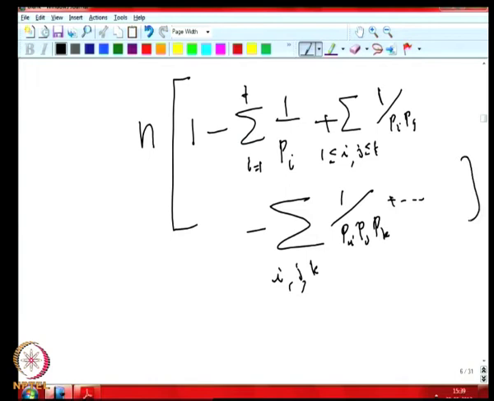The final term being minus 1 raised to t, 1 by P1 into P2 up to Pt, right.